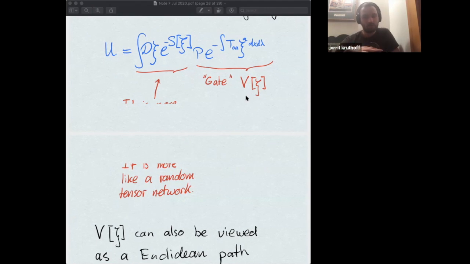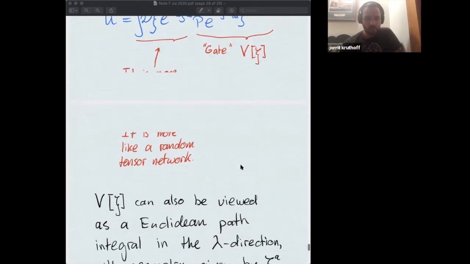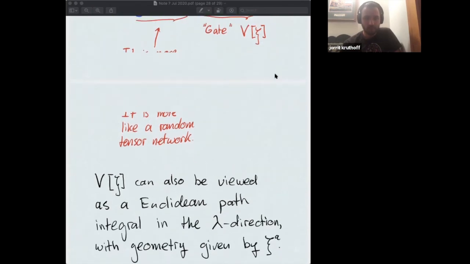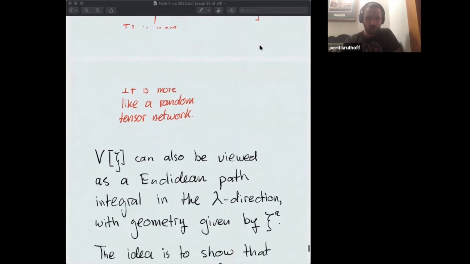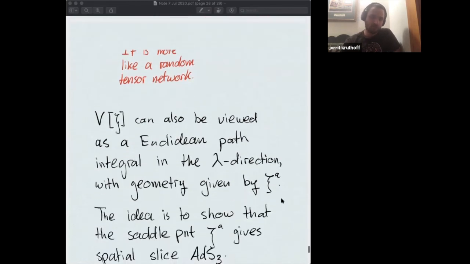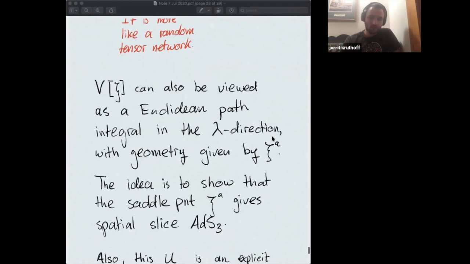So it's both in the lambda direction, the radial direction, and the spatial coordinate along the boundary. And this variable Xi, the Hubbard-Stratonovich field, determines then the geometry in that spatial slice. The idea would be now to figure out what Xi needs to be, or whether there's a saddle point where Xi gives the geometry of a spatial slice of AdS3.